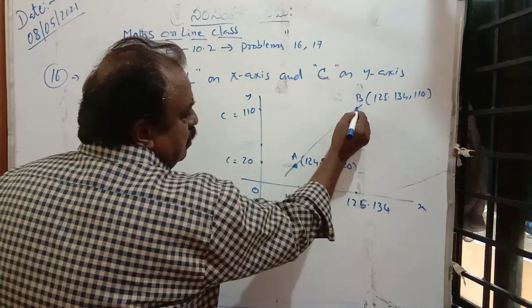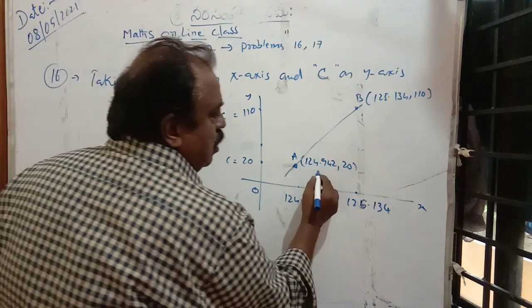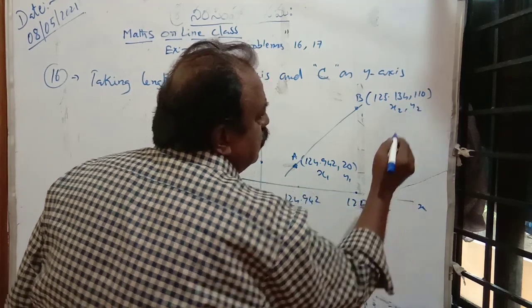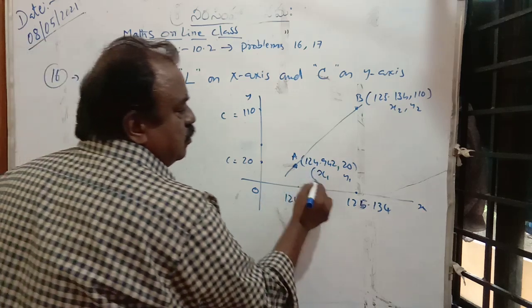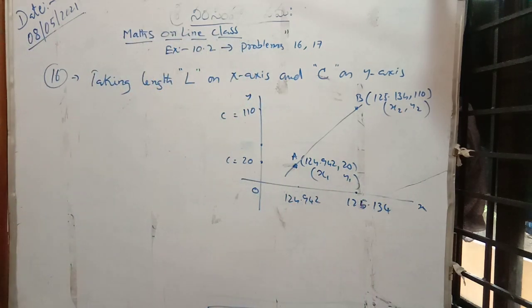Now there is a line. Is it not? A line is passing through two points. Now we come to the concept of the two-point form: x1 comma y1, x2 comma y2. Okay? So you understand what the problem is.